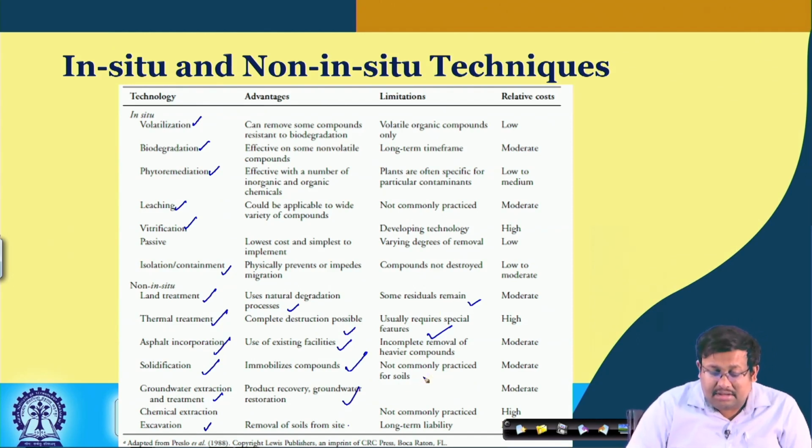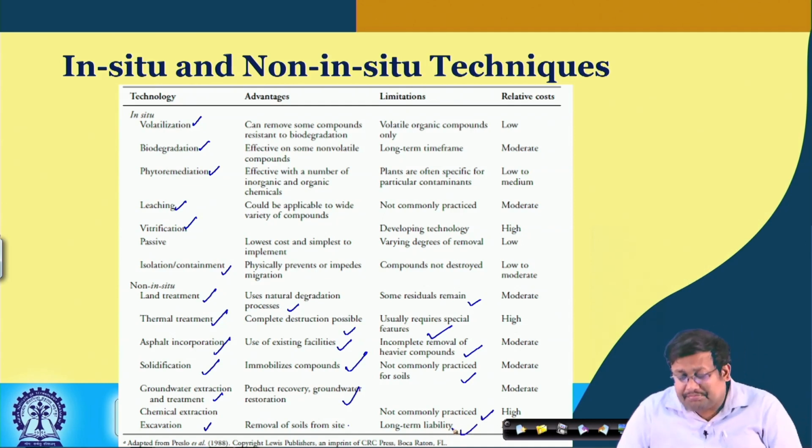Asphalt incorporation also has some limitations. For example, there is incomplete removal of heavier compounds. In case of solidification, it is not commonly practiced for soils. And also in case of chemical extraction, it is not commonly practiced. However, in case of excavation, it has a problem of long term liability.